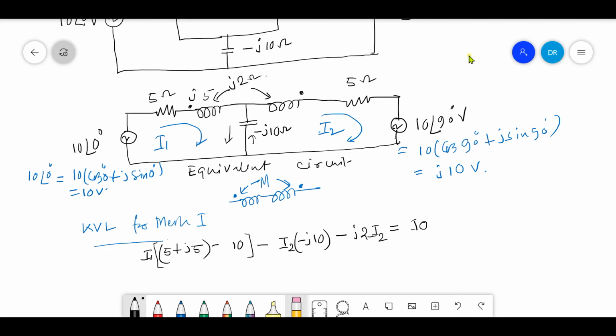As the mutual inductance is j2, and because of the dot symbol, this will be negative. So j2 I2. From this we have to find I1 and I2. This is the first equation.